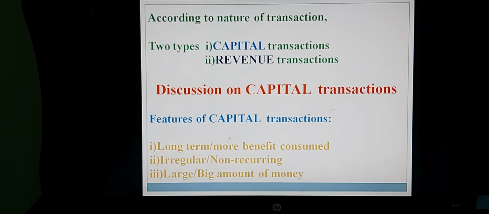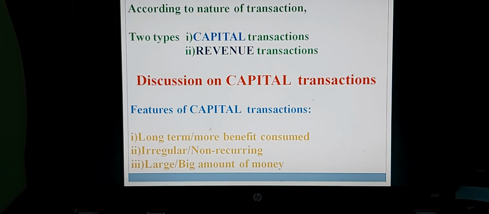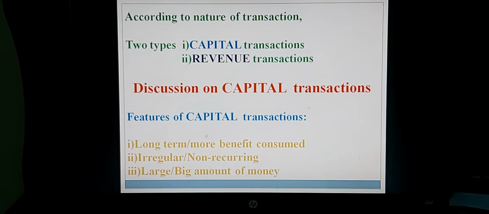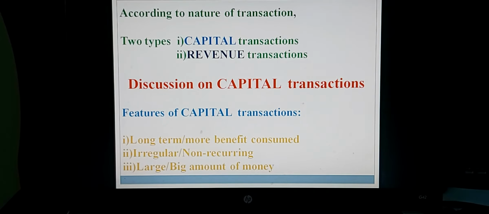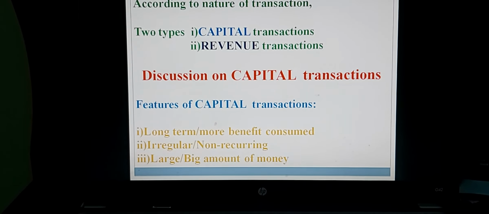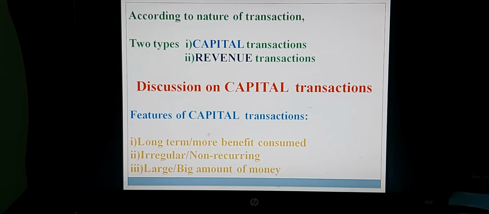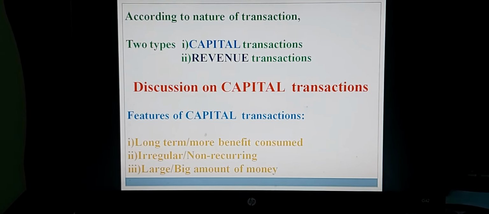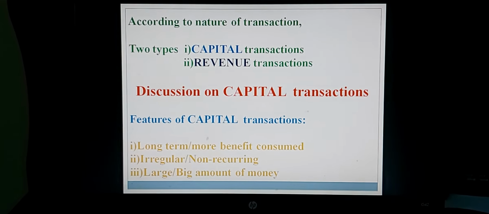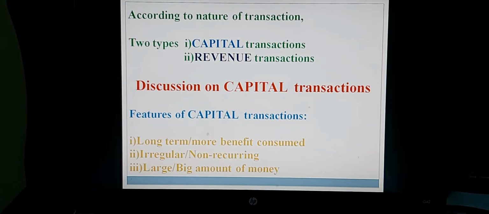Capital transaction means the transactions which are related to long-term benefit or more benefit consumed. This is an irregular transaction, but in this transaction a large or big amount of money is related.